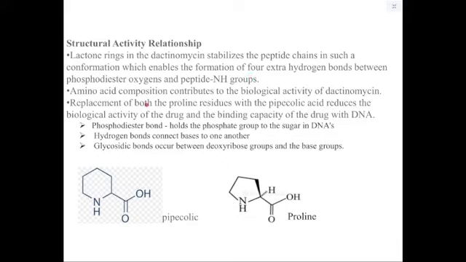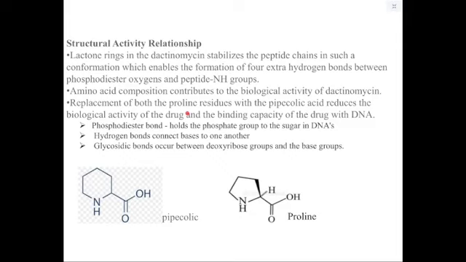Amino acid composition contributes to the biological activity of the dactinomycin, so we require the amino acids, replacement of both the proline residues with anything. So you find that those amino acids that have been put within the dactinomycin are just what is necessary for maximum activity.